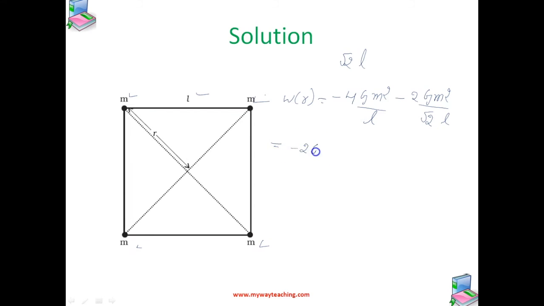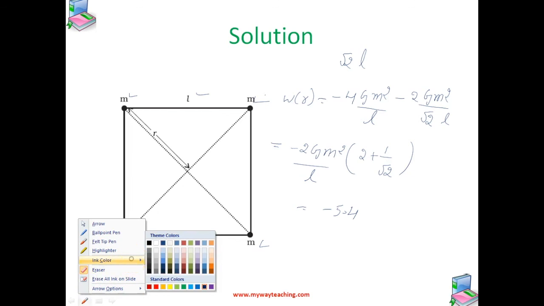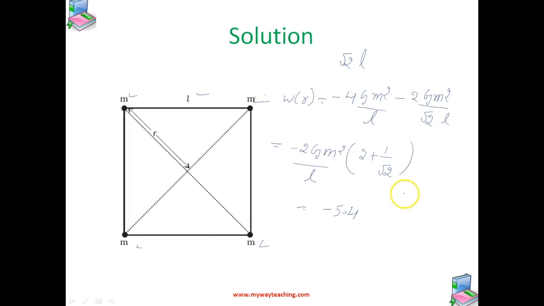If you take -2 G m^2 / L common, the value we get is -5.41 G m^2 / L.